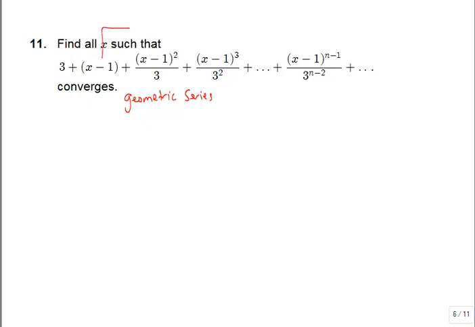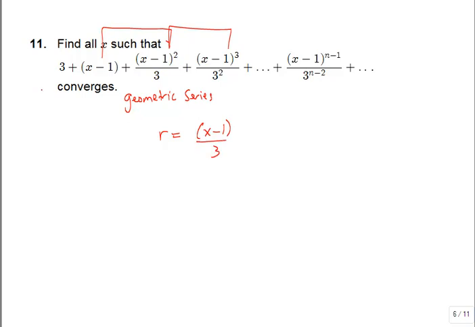I look at usually these two right here, or you could go between these two here to see what it is. We're multiplying the top by another x minus 1 each time. So in the numerator, our r is going to have an x minus 1, and in the bottom we're multiplying by another 3 as well.